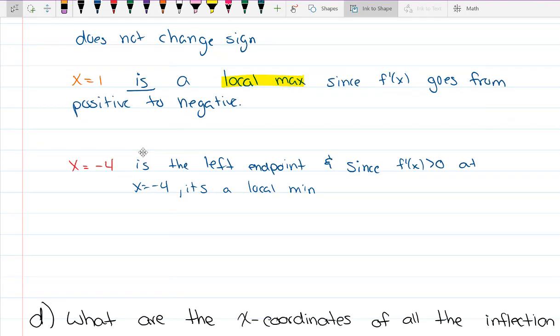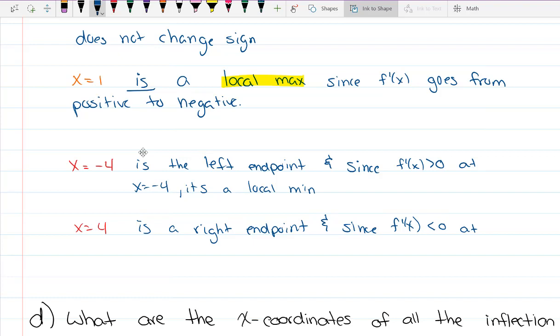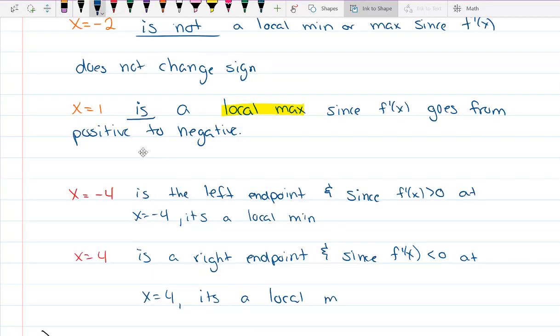Now let's look at the last one. X equals 4 is a right endpoint, and since f prime of x is less than 0 at x equals 4, it's a local min.